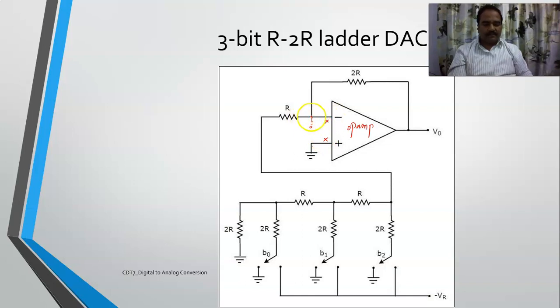And the inverting terminal is connected to the reference voltage using an R to R ladder type of structure. Initially R will be there, then this is 2R, 2R, 2R, and this is your R structure. So it is just like having a ladder type of structure.